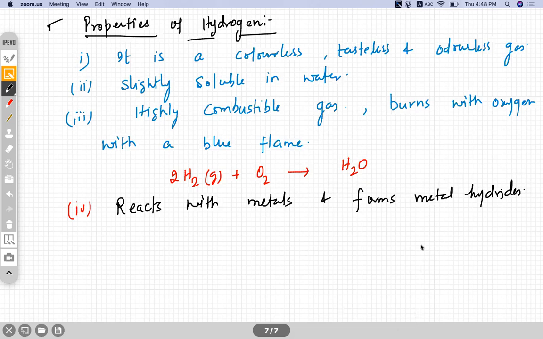Tell me, Pranav. 2Na plus H2 at around 573 Kelvin gives 2NaH. We'll talk about these hydrides again. Yes, it works with all the metals, but different natures of hydrides form. We'll discuss that separately.